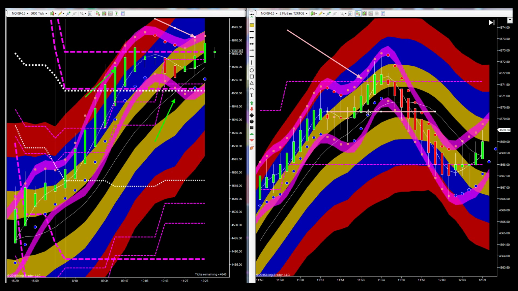This crest of resistance is inside of the upper energy band that is on the left chart here. This left chart's down arrow, pink arrow, is the upper energy band. So when we know that the dots have fallen down below the solid white midline here on our left chart, this is the solid white midline. When price comes up into the upper energy band, we're looking for a short setup.